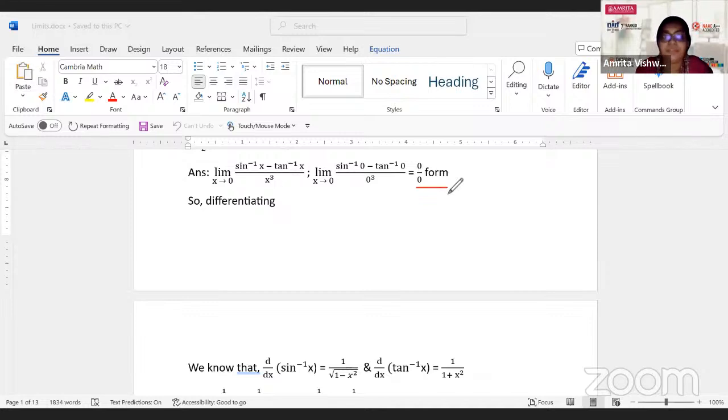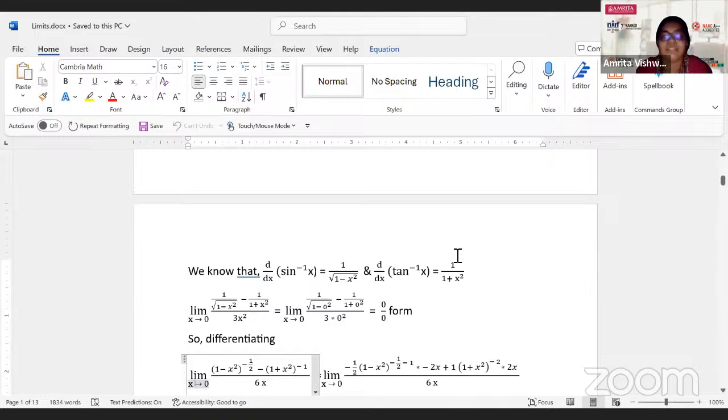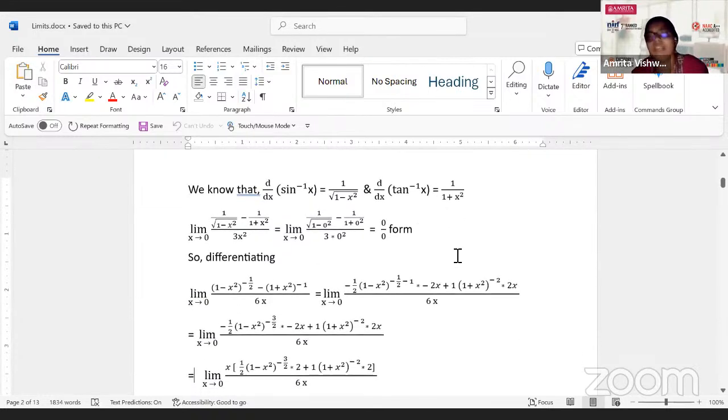In these types of questions, the method that we use in solving is, we'll be differentiating them separately, the numerator and the denominator, and then we'll be substituting the limits according to the L'Hospital rule. So here, I hope you studied this formula. If not, I want all of you to note down this part. d by dx of sine inverse x is 1 by root of 1 minus x square, and d by dx of tan inverse x is 1 by 1 plus x square. So this is something that you have to have a basic understanding of in order to solve this question.